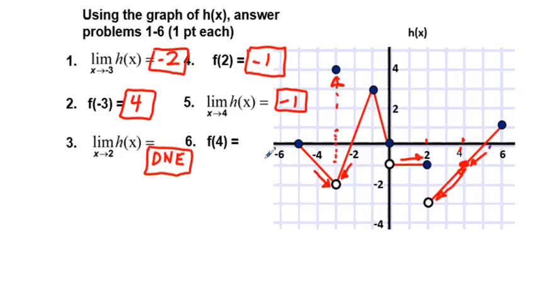And f of 4 is going to be that same thing because there's just an unbroken line segment. So -1 is our answer for f of 4. This is an instance where your limit equals the value of the function at that point, which is 4. So that's the definition of continuity.